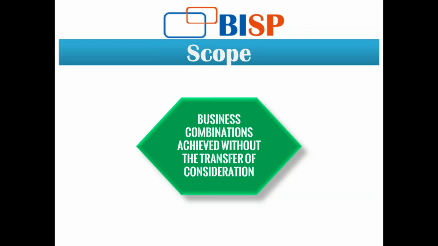What happens under this is that the acquirer sometimes obtains control over the acquiree without transferring consideration. The acquisition method of accounting for a business combination applies to those combinations. Such circumstances may be like the acquiree repurchasing a sufficient number of its own shares for an existing investor to obtain control.